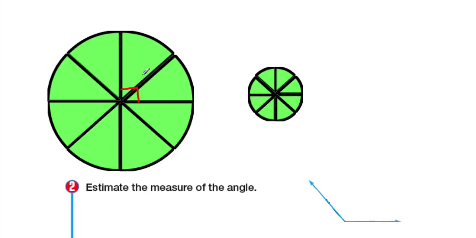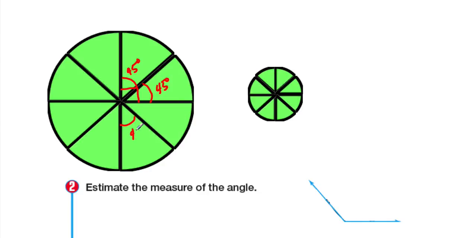This angle right here will give me not 45 degrees, but 90 degrees. This is a right angle right there. And if that's a right angle, that means every slice of my circle is 45 degrees.